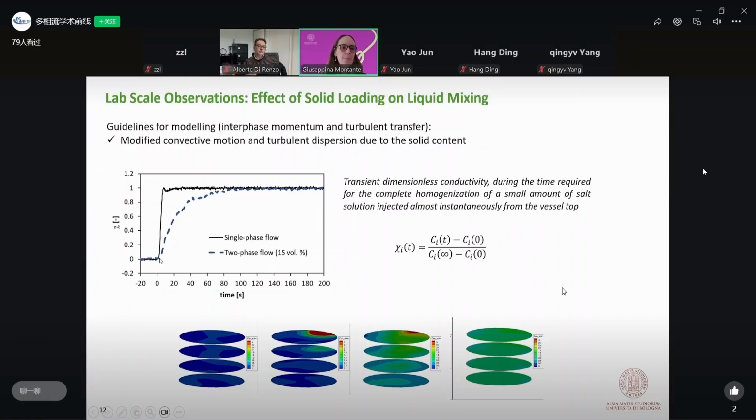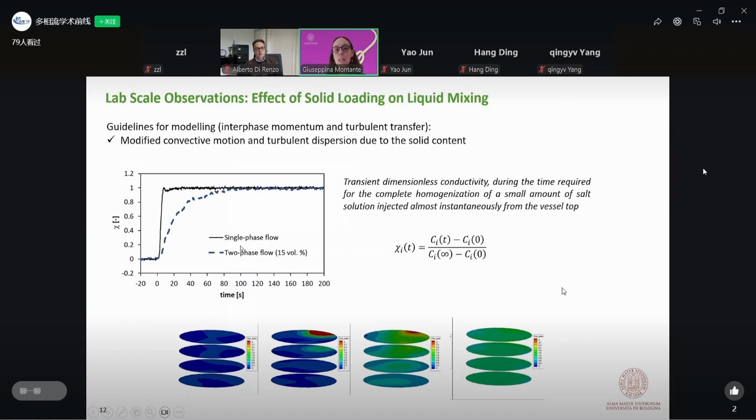If we obtain the time trace of this dimensionless conductivity in a plane, making an average, you can see that here we have a huge difference in mixing time, that is the time required to achieve the complete homogenization of the vessel, depending on the single-phase or two-phase flow condition.